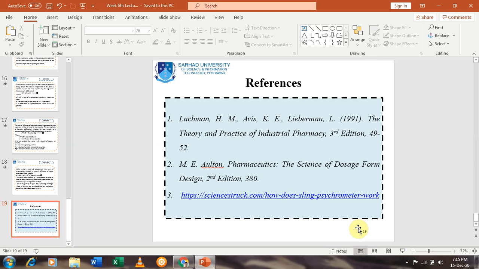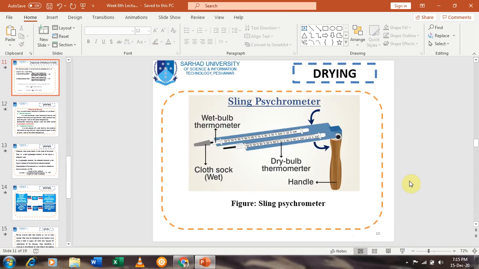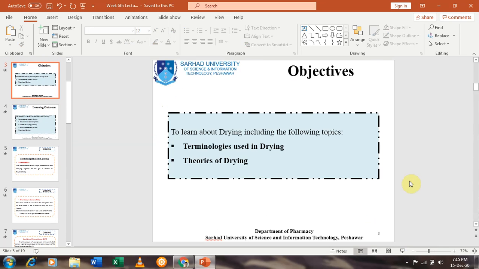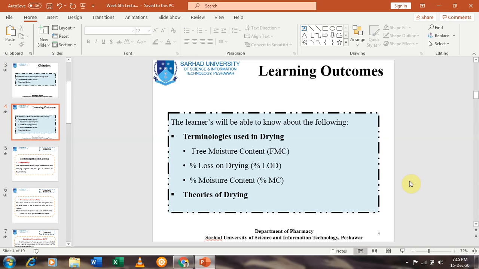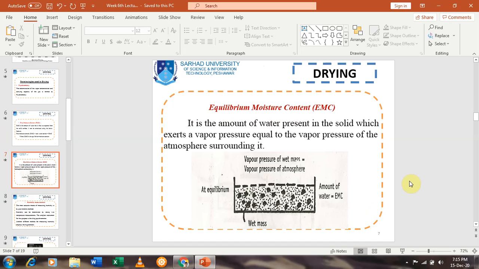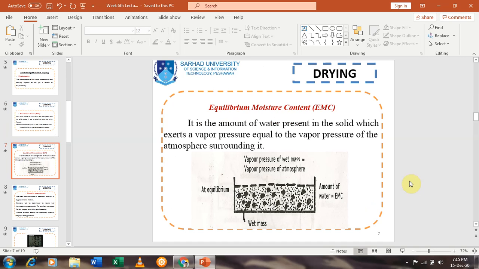Let's overview today's topic, what we have discussed. We discussed the different terminologies, including psychrometry and free moisture content, and the calculation of free moisture content using the formula with EMC, that is equilibrium moisture content.